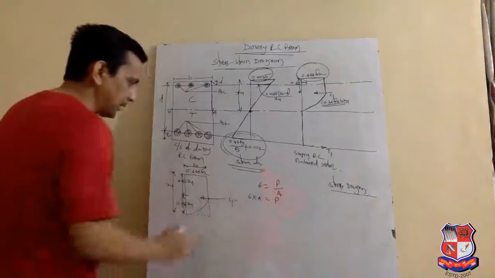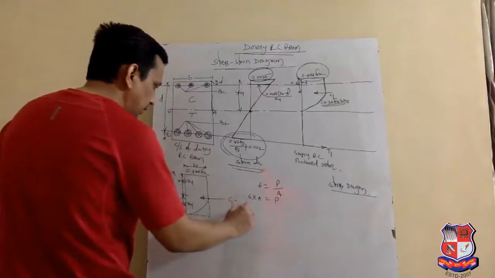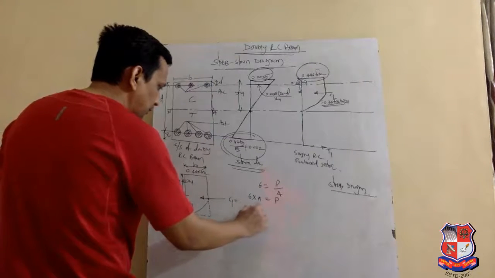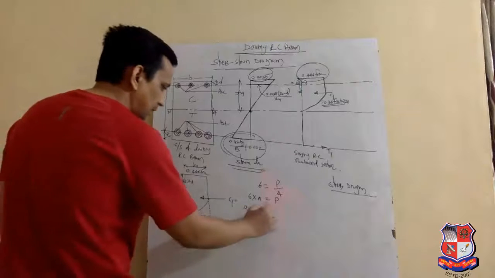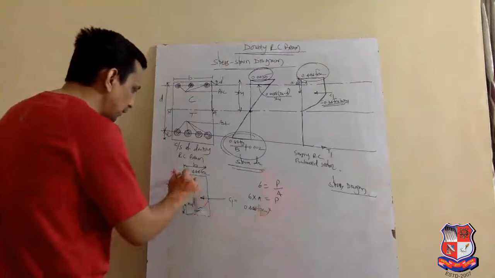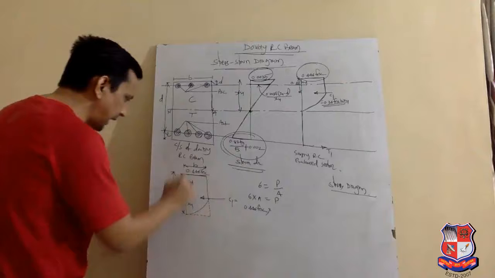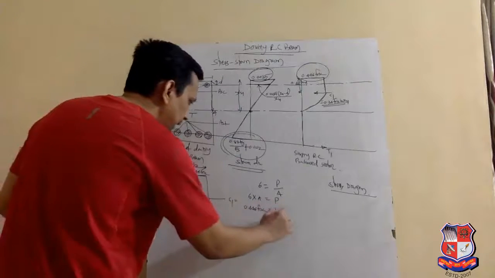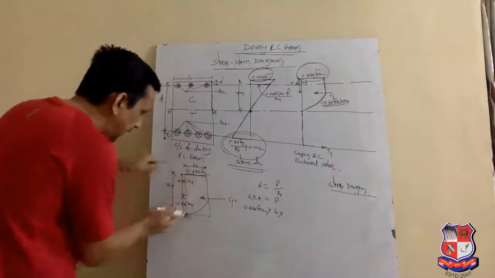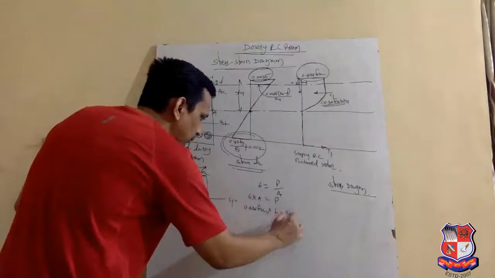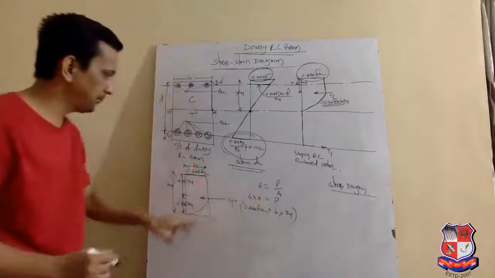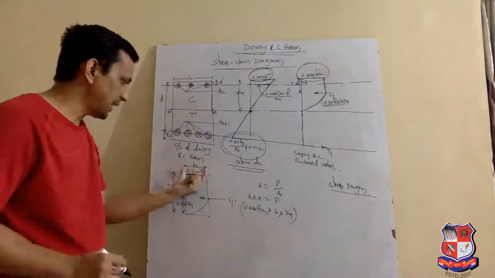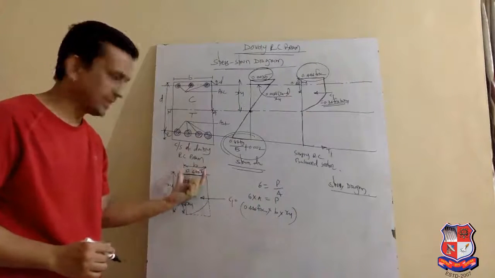Now sigma is what here? 0.446 fck into area. First we take the whole area, and the area of the whole rectangle is b into xu. Again, sigma is the stress available, 0.446 fck.